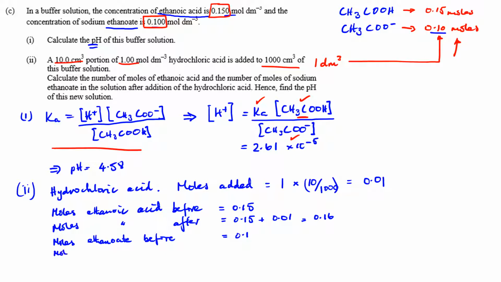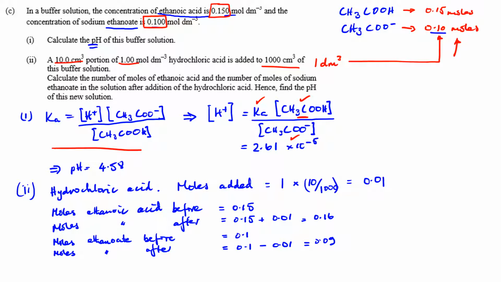And the moles of ethanoate after is going to be 0.1, because a bit of them has reacted with those hydrogen ions, and so we have to subtract that 0.01 moles of hydrogen ions from our ethanoate ions, so we end up with 0.09.